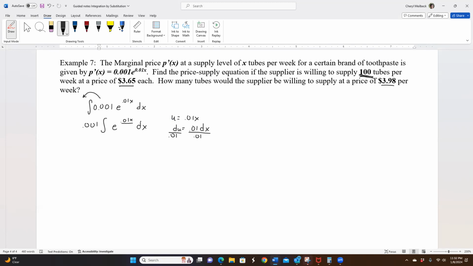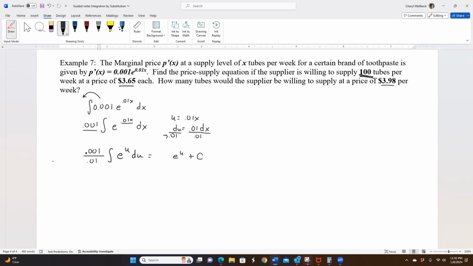When we resubstitute our u back in here, then my constant out front will become the 0.001 divided by this 0.01. And in here, we'll have e to the u du. Now all we have to do is integrate e to the u, which we know becomes just e to the u plus c. But what about this?